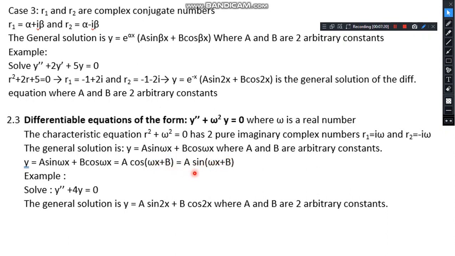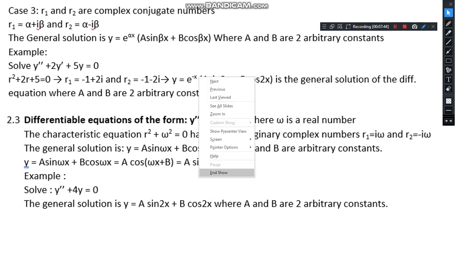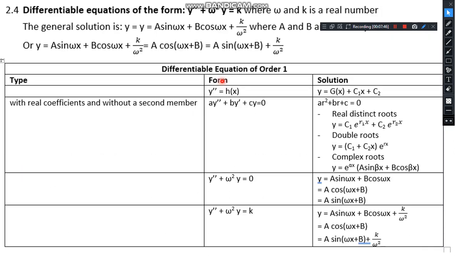Sometimes if you have a multiple choice question, you're going to use whichever depends on the choices. So if you have y'' + 4y = 0, so w^2 is 4, so w is 2. So you write it as a sin 2x + b cos 2x, or you write it as a cos(2x + b), which is the same as a sin(2x + b).